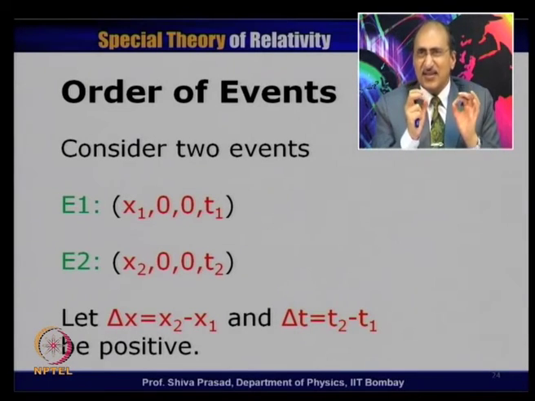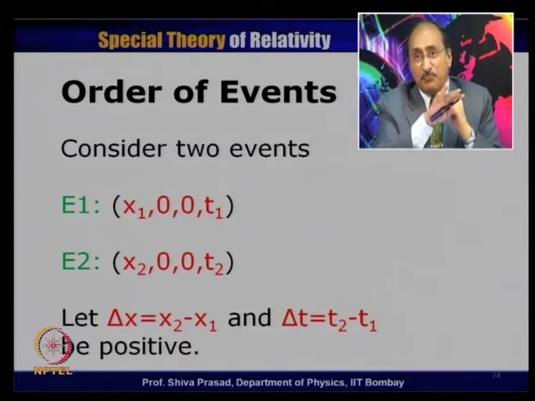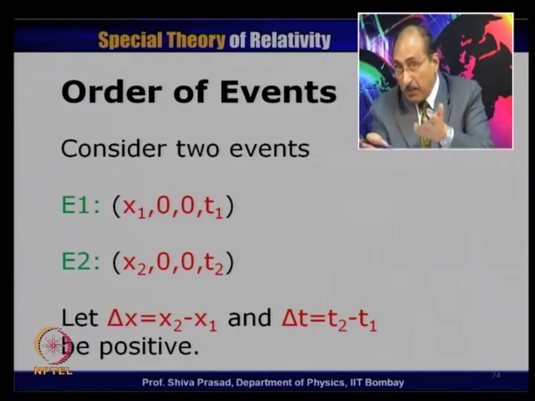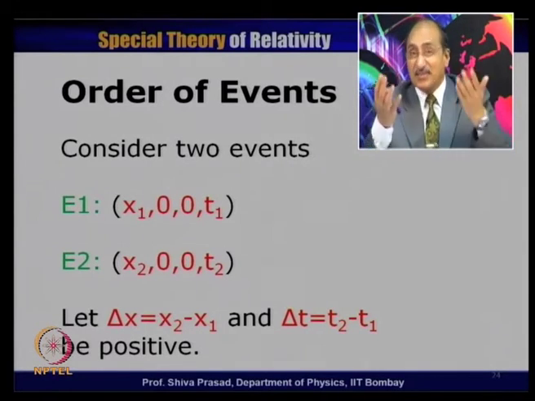So, let us discuss this particular aspect a little bit more in detail: if delta x is positive and delta t is positive, is it possible to have a frame in which delta x can change sign, which means delta x prime becomes negative, or delta t can change sign because delta t prime becomes negative, or both of them can become negative? Is it possible to have any such frame?